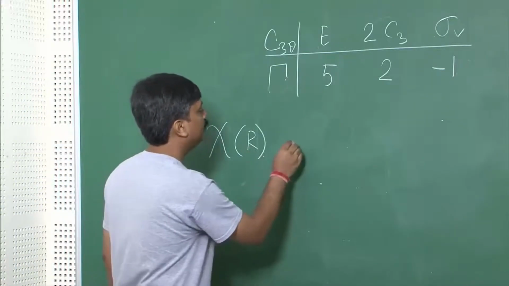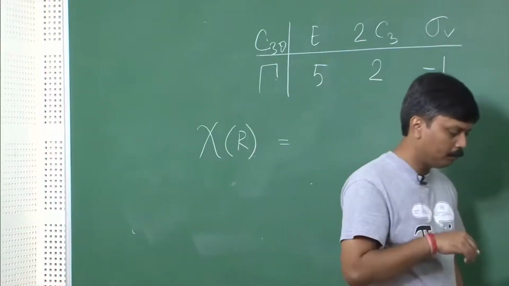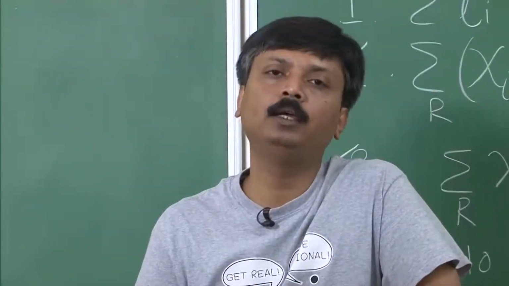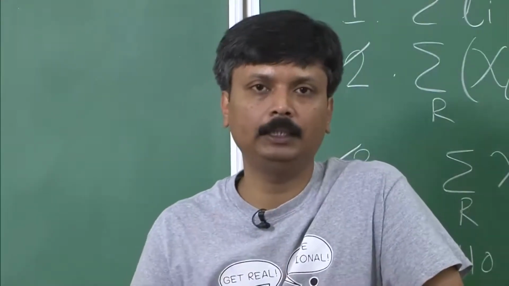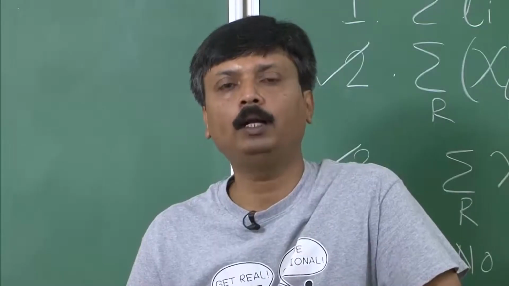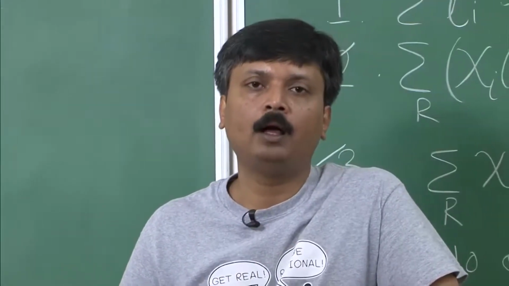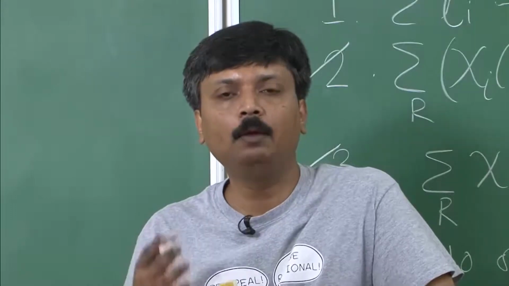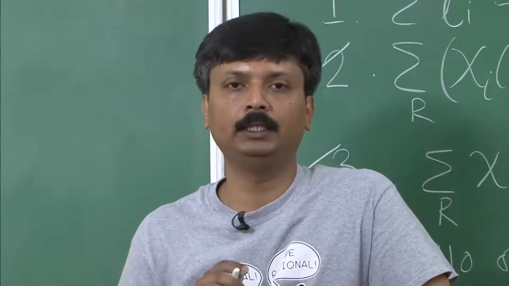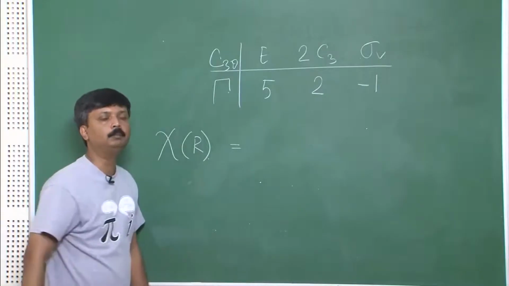Now for any given operation, what I can do is reduce this representation, and ultimately it will give me those irreducible representations that are possible for C3v, like what we got: A1, A2 and E. So depending on what type of basis function I chose at the beginning and the size of the representation, I may have a situation where there will be n1 number of A1, n2 number of A2, n3 number of E irreducible representations present if I reduce this large representation.